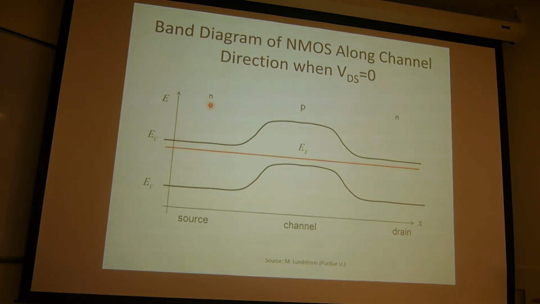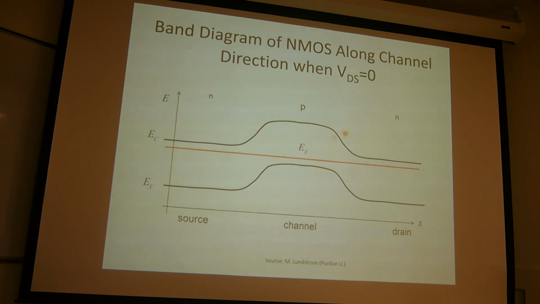Because the source is N-type, your channel, which is the substrate or body, is P-type, and then the drain is N-type again. So you have two PN junctions back to back along that direction. And this is when VDS is 0. That means this is the equilibrium state. You have a single Fermi level.